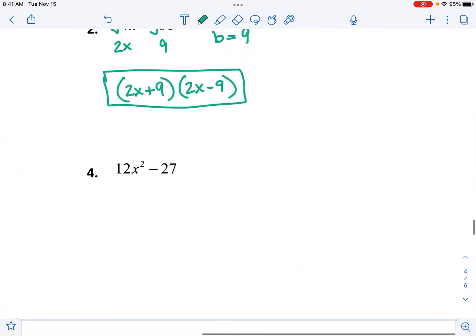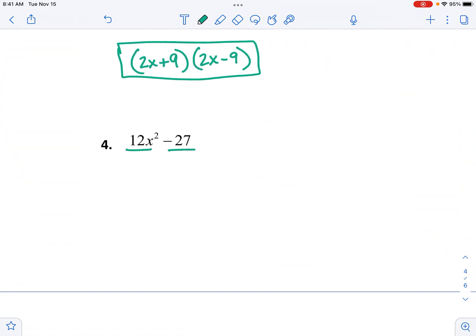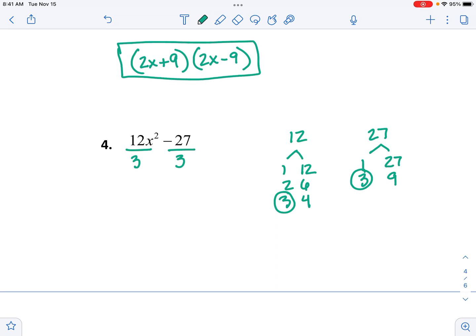So we need to see if there's anything that we can divide these terms by first, okay? So 12 and 27, if it helps, write out your little factor tables here. Those are my factors of 12, factors of 27. So the thing I see in common here is a 3. So I can divide each term by 3.